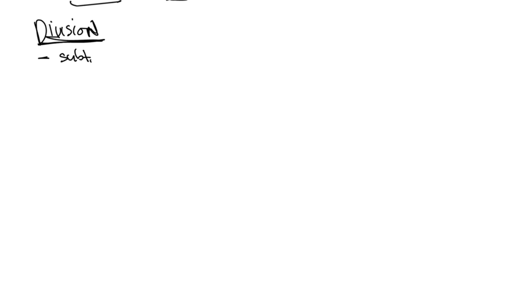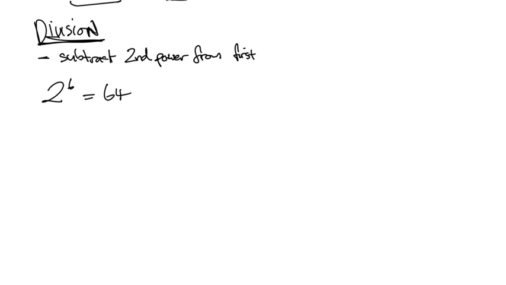So I'll tell you the rule now: subtract the second power from the first, and you'll get your answer with the same base number. So we have 2 to the power of 6 is 64, and 2 to the power of 3 is 8.